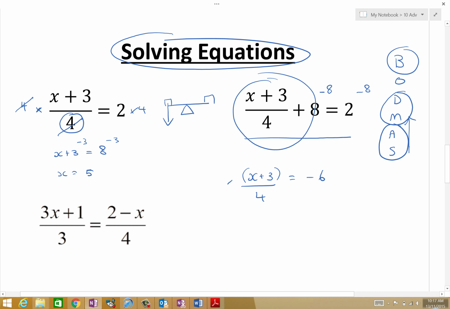At this stage, we can do the inverse operation there. Do that to both sides. Cancels. We have x plus 3 is equal to negative 24. And of course, we want to isolate x by itself. Inverse operation of positive 3 is minus 3. So x is equal to negative 27.